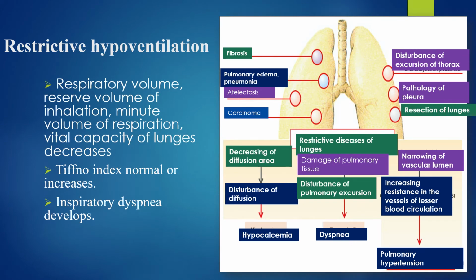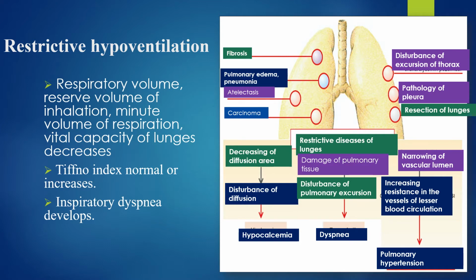Restrictive type alveolar hypoventilation occurs when the ability of the lungs to expand becomes difficult. This type of hypoventilation is associated with pulmonary and extrapulmonary problems.